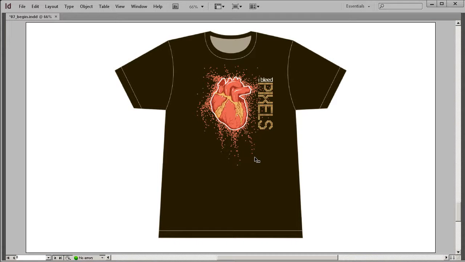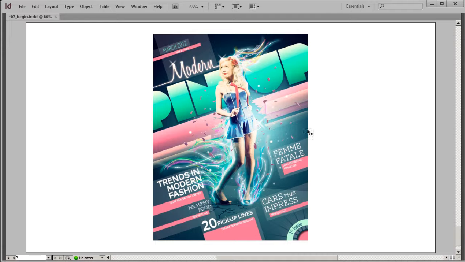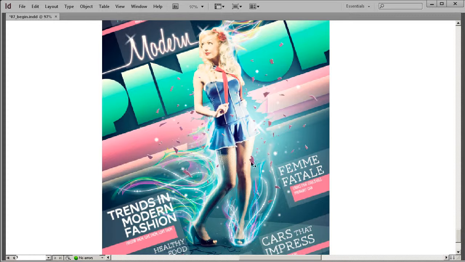So let me just zoom out and show you one last example here. Again, another example that we looked at as an image-based design, but there's lots of type on this magazine cover. Well, there were decisions made as far as this type goes, as well as the rest of these elements on this cover, to support the image. Both the fonts that were used, the letter forms, as well as their placement, their color, and even the way they interact with the image itself.